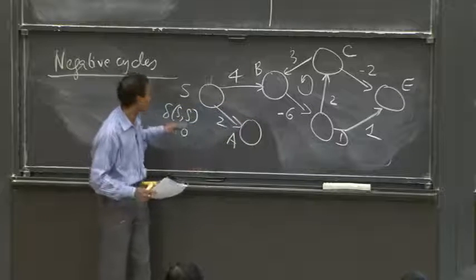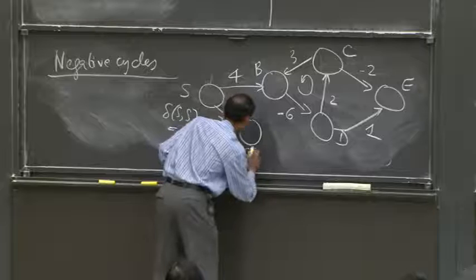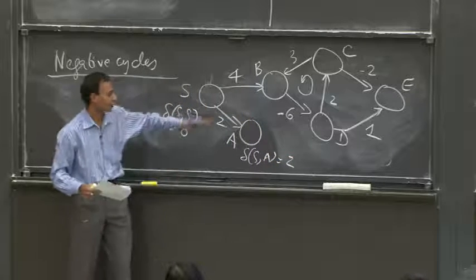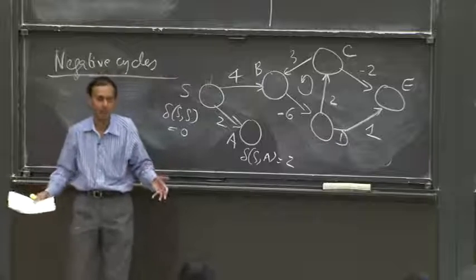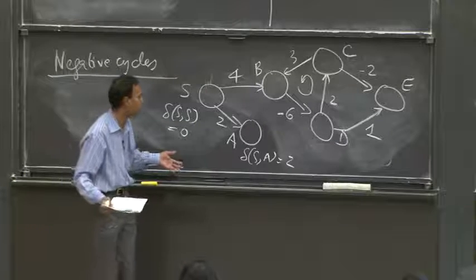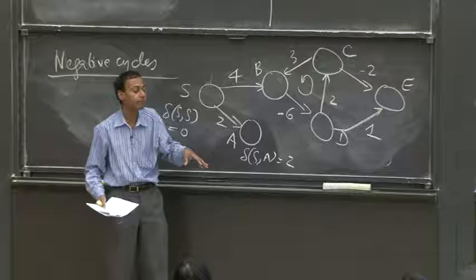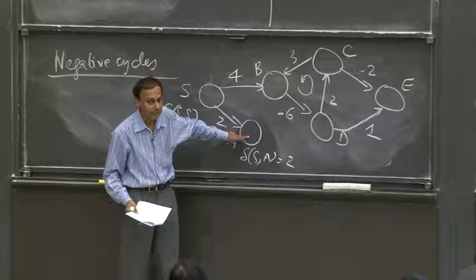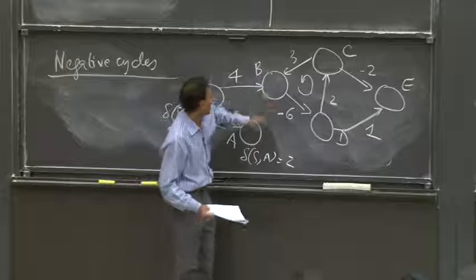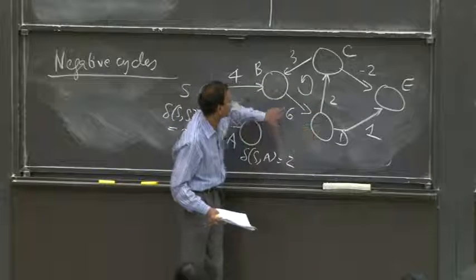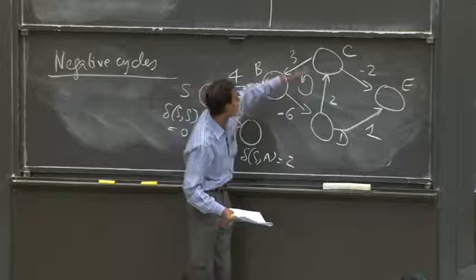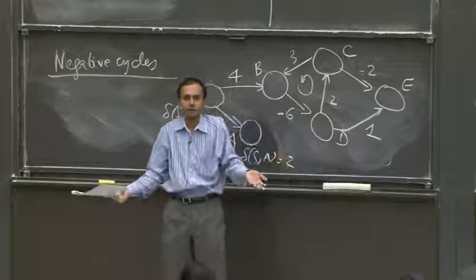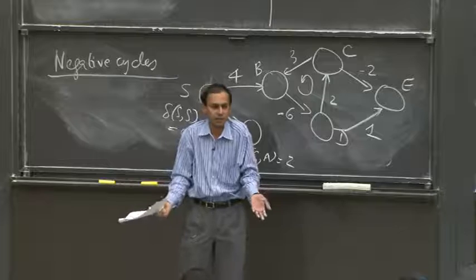Delta SA is 2, and everybody buys that because you don't touch a negative weight cycle. You, in fact, don't touch a negative weight edge. But more importantly, you don't touch a negative weight cycle in order to get to A. On the other hand, anything that's in here, you could run many times, and you could end up with whatever weight you wanted. There'd be a minus infinity weight, right?